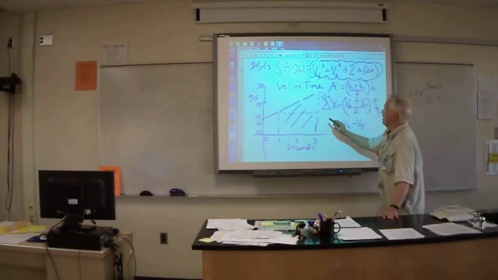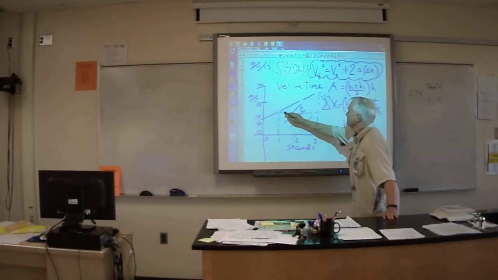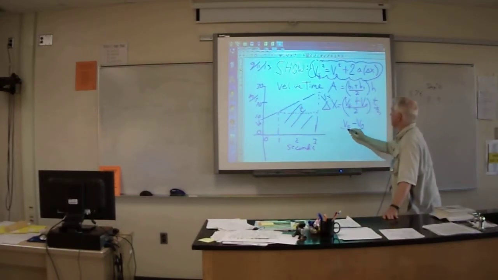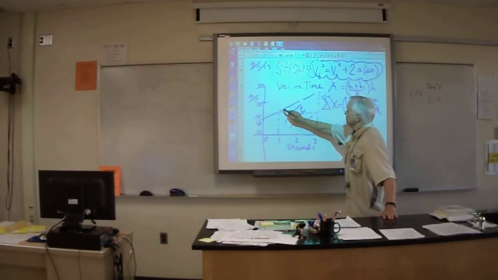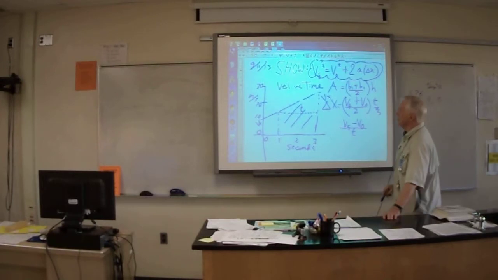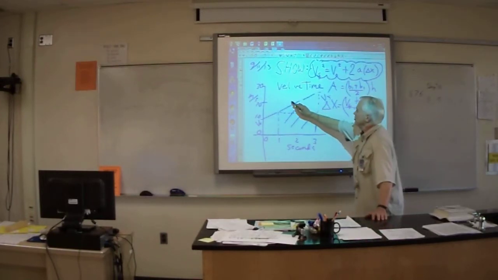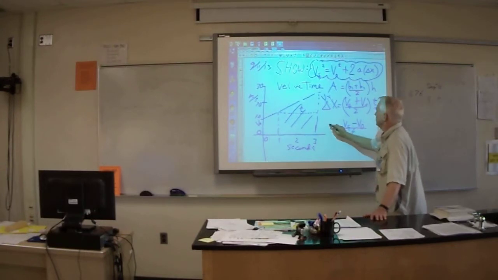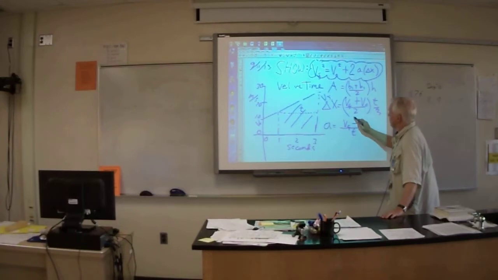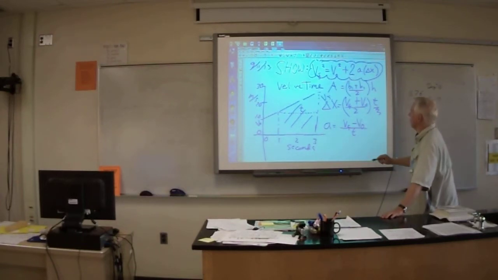I want to divide it by the run. Well, the run for here is the time. So v final minus v initial over the time will give me the slope. The slope of velocity versus time is the change in velocity divided by the time. That's acceleration. So acceleration equals the rise divided by the run.